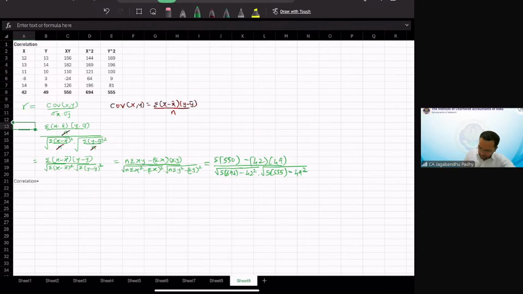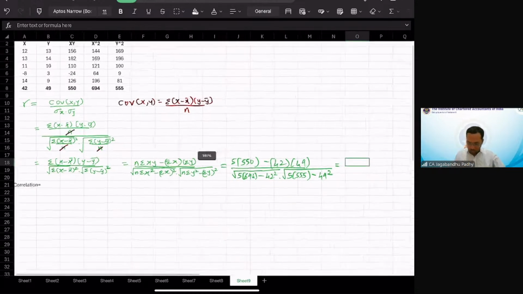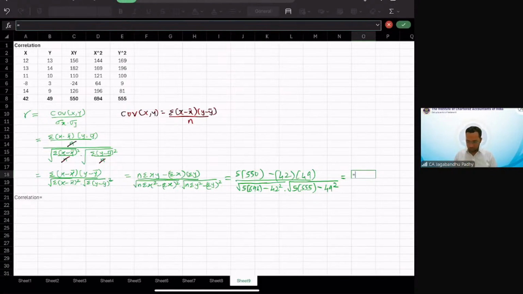So if we just solve this, what's the value of correlation, guys? Once we solve this, what's the value of correlation we are getting? So this will be like 5 into 550 minus 42 into 49.